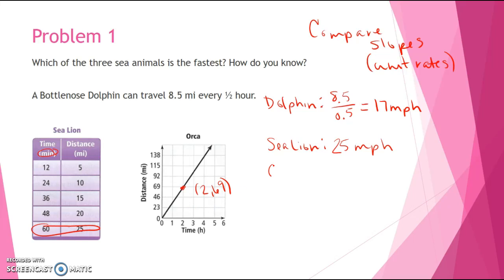And so in order to find the unit rate, we're going to take, and this comes directly from 5.2 when we were working with proportional relationships, 69 and divide by 2, which will give us 34.5 miles per hour, I believe.